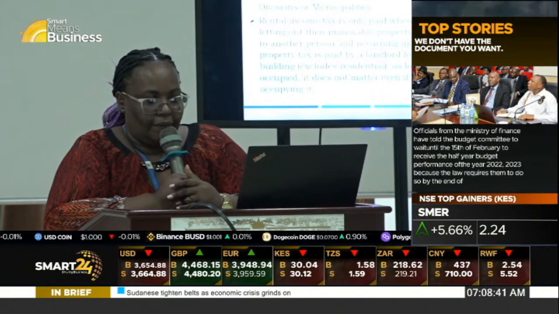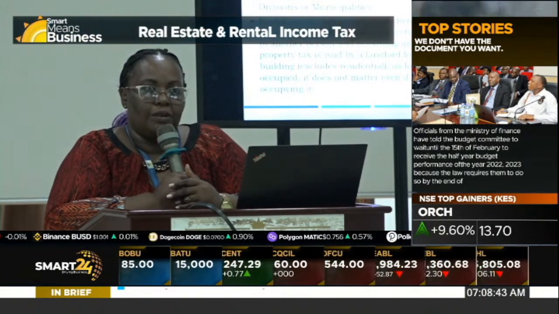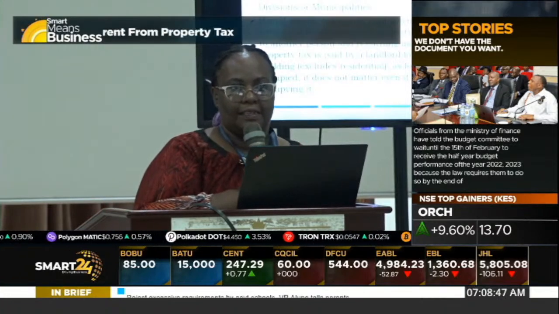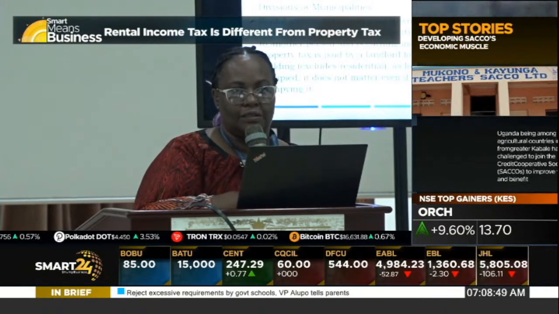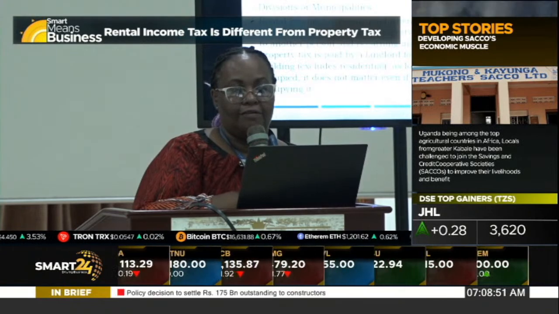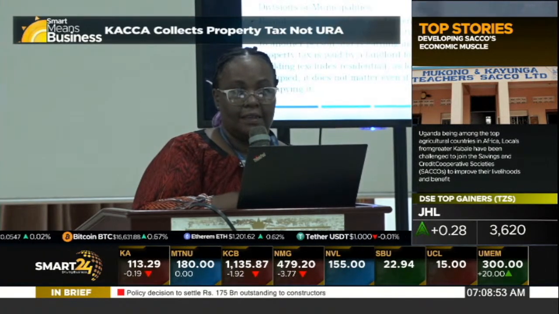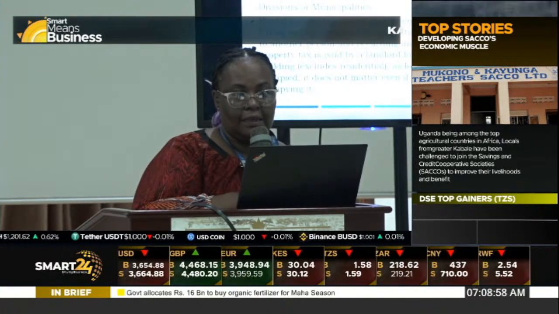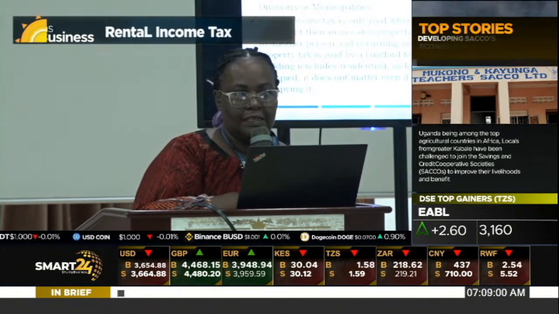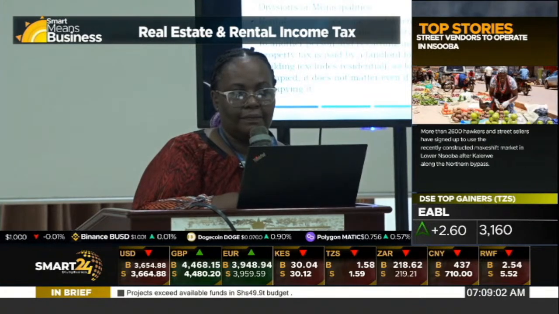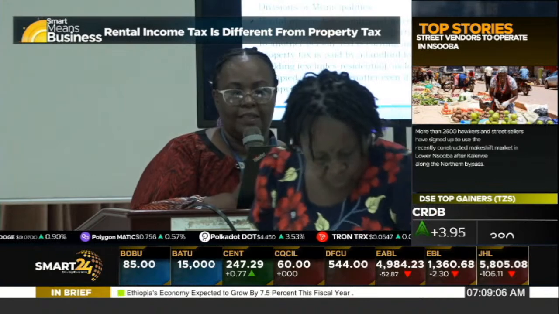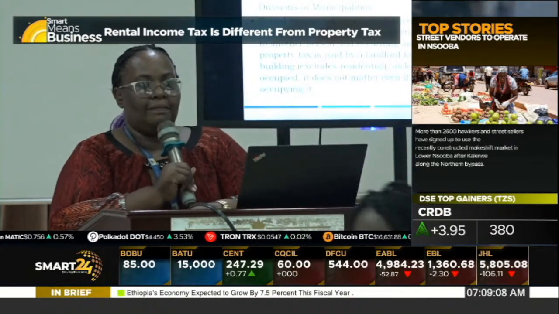Normally when we speak about rental income tax, there is a thinking that there is a double taxation somewhere. When I come for rental income tax, and our colleagues in KCCA come for property tax, that is where the controversy is, because it is coming from the same property, within the same year.